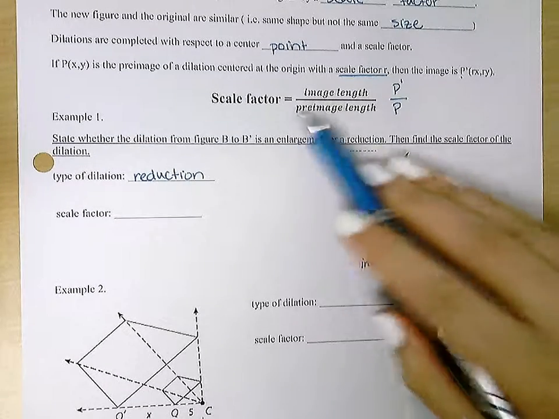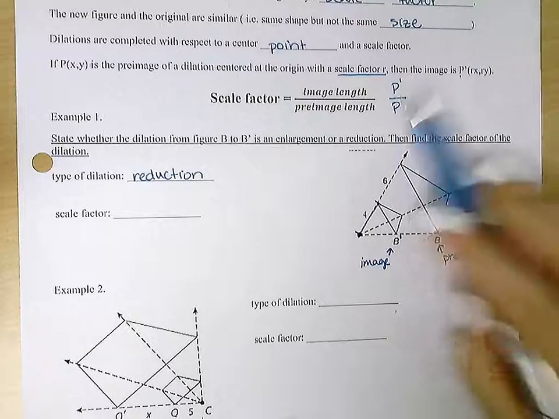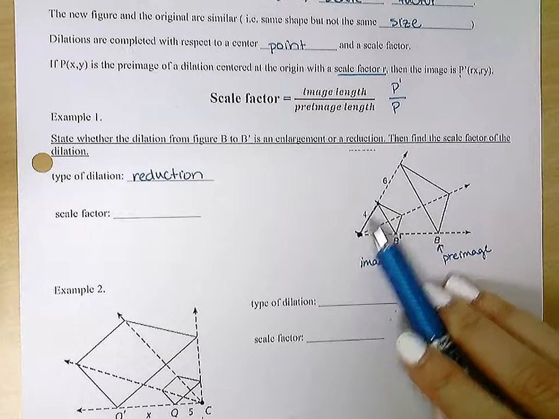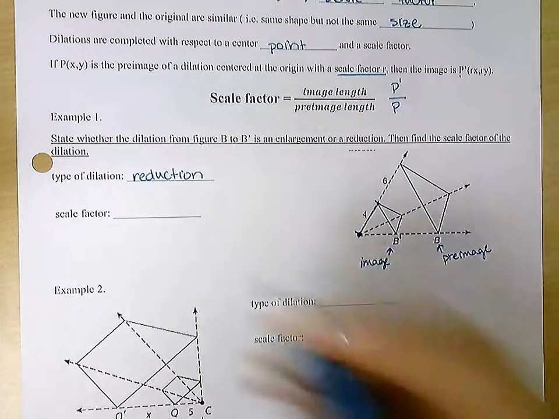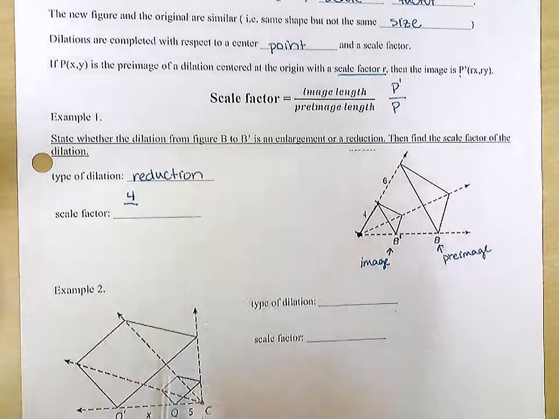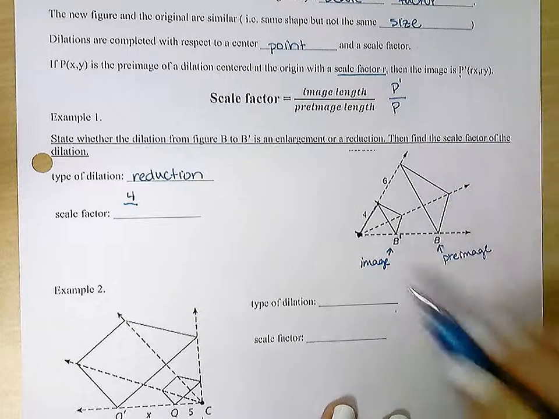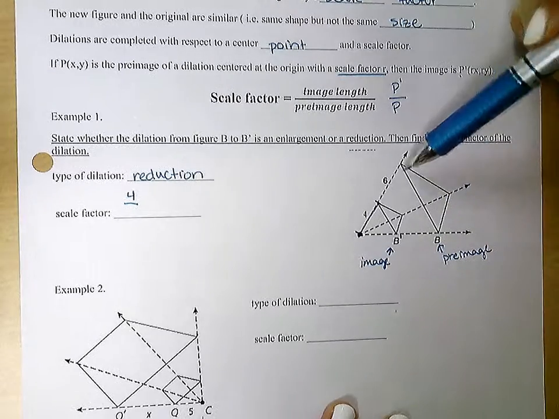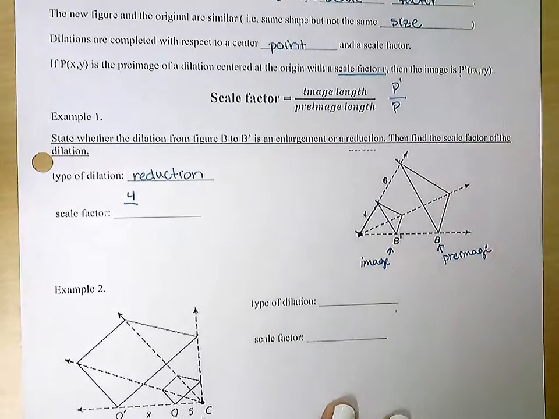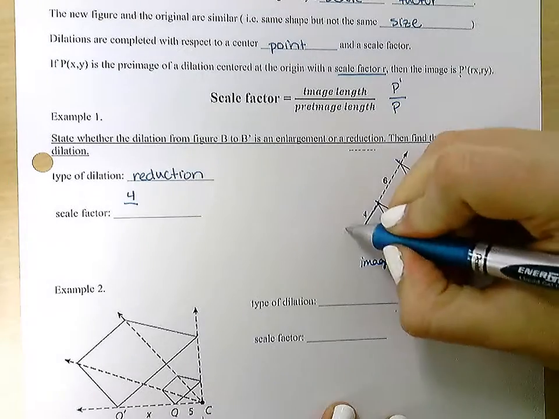Okay, so to find my scale factor, I need that prime coordinate. Okay, that's 4 units. Then I need my original length from my center to a point on that original.